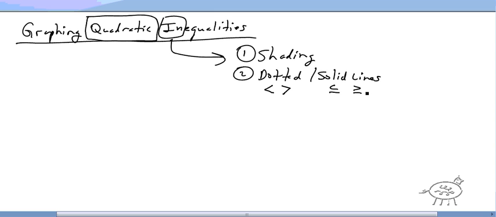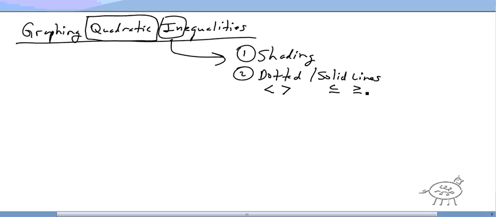Keep that in mind. The only thing different now is that before I had you shade above and below. Well, there's not really an above and below when you're talking about a U shape, a quadratic. You're either going to shade inside or outside. And you have to test a point.